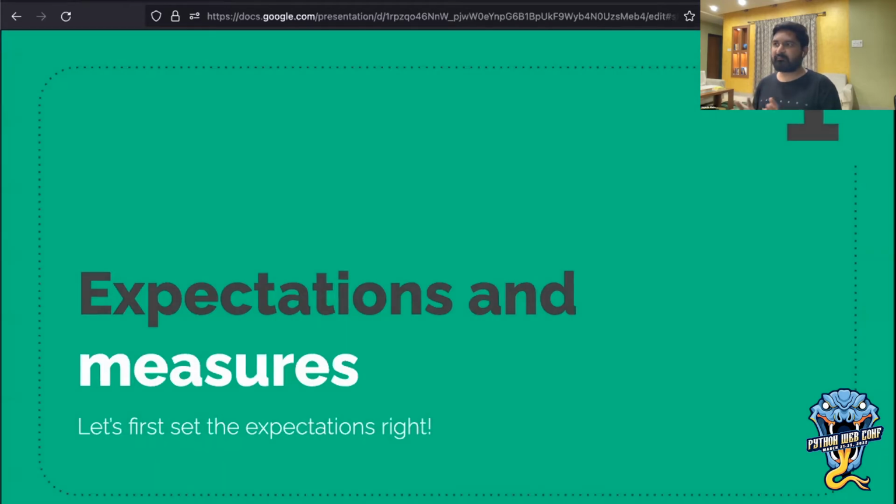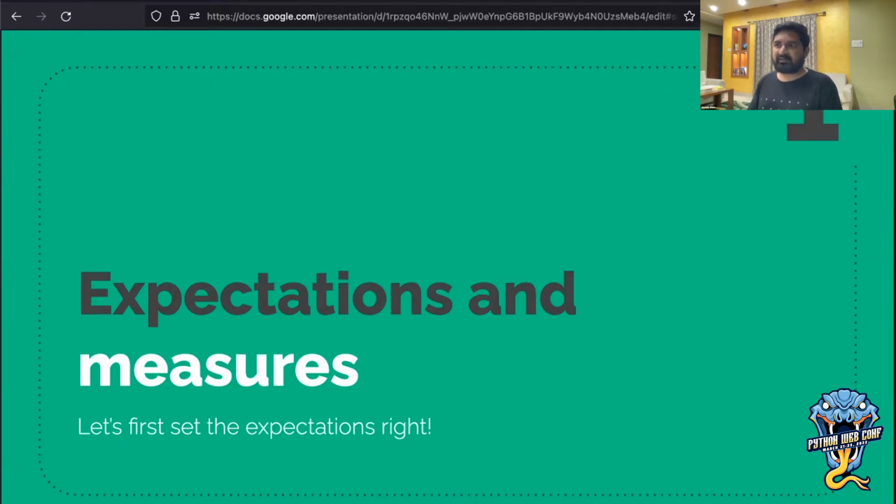Before we jump deeper, let's set the expectations and measurements. Every business which is into software, into tech, has some expectations from the product they're selling to a market, right? Even if it's a consumer product or a B2B product, there are expectations the business sets.